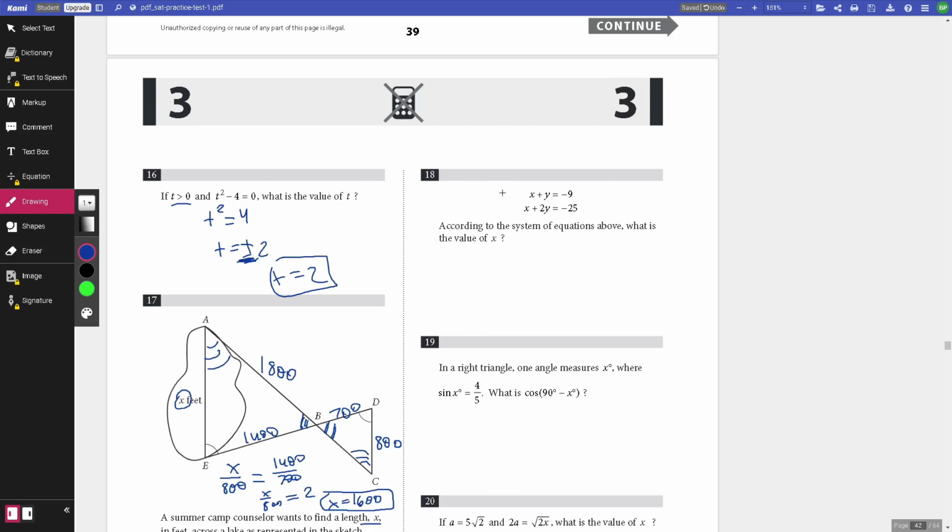Number 18, solve for x. So if you want to solve for x, we should eliminate y to save us some work. So you can eliminate y by multiplying this by -2, and you get -2x - 2y = 18, and x + 2y = -25.